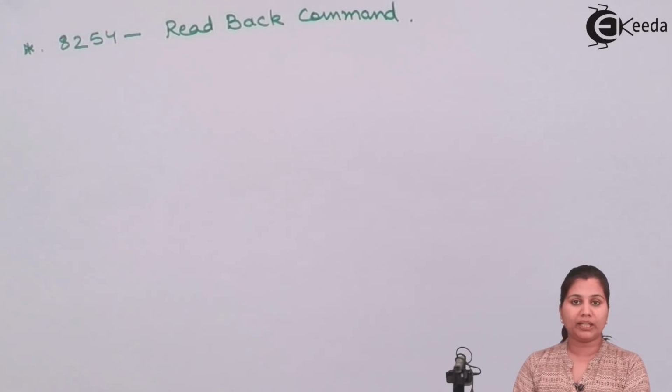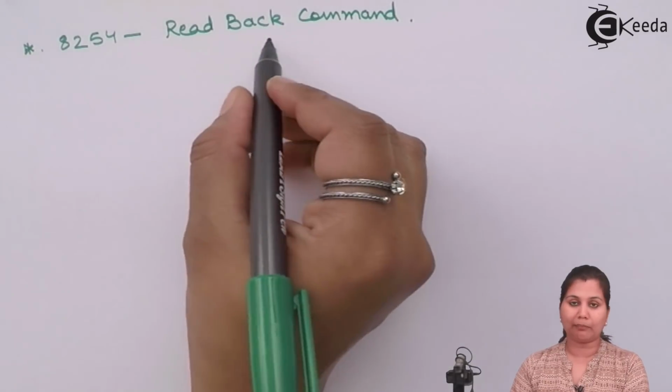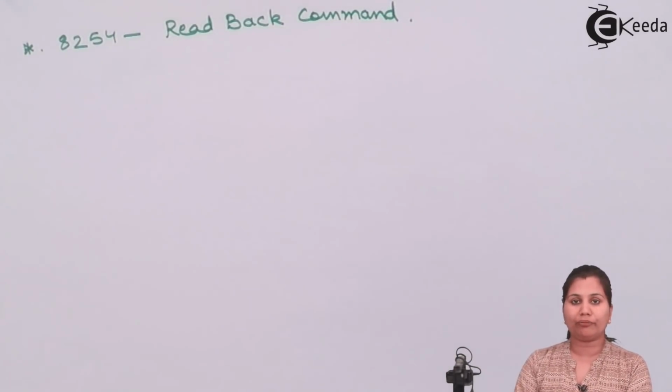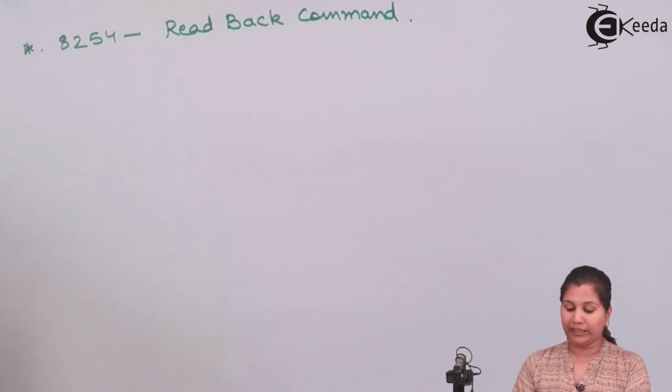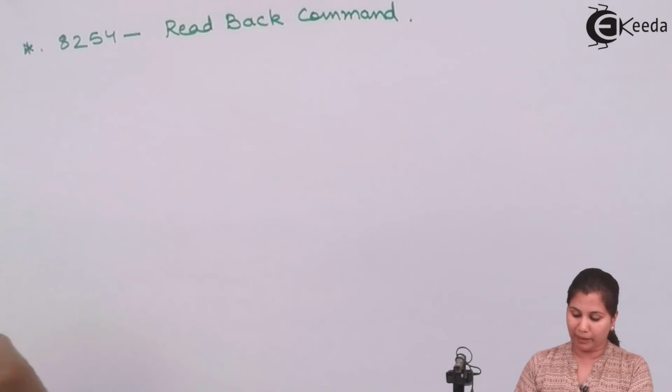Now if we want to read the count value at any time, then this read back command is useful. In the 8253 this feature is not available, so you cannot read the count value at any time. Only the 8254 has this read back command.